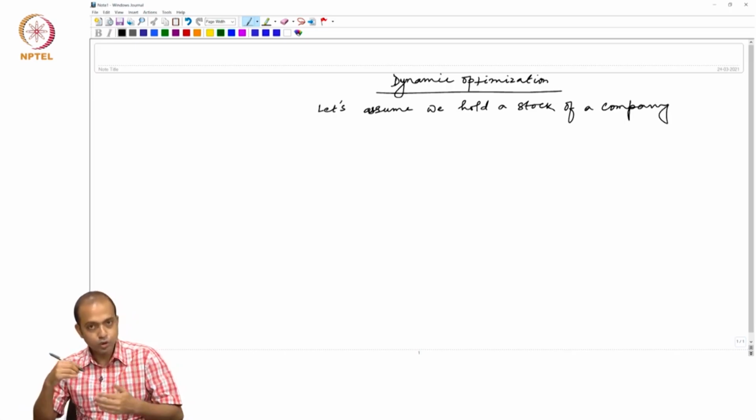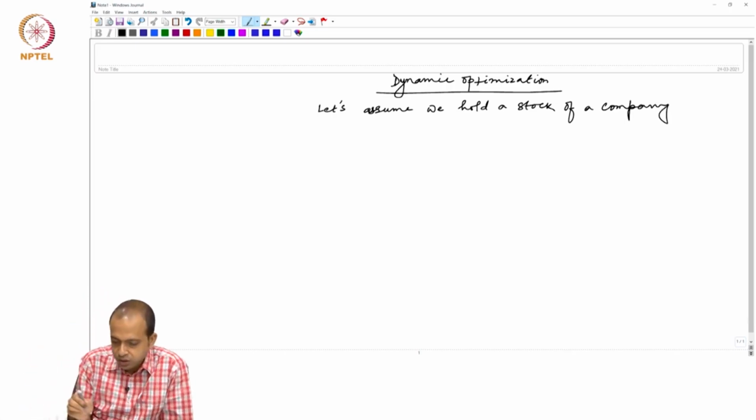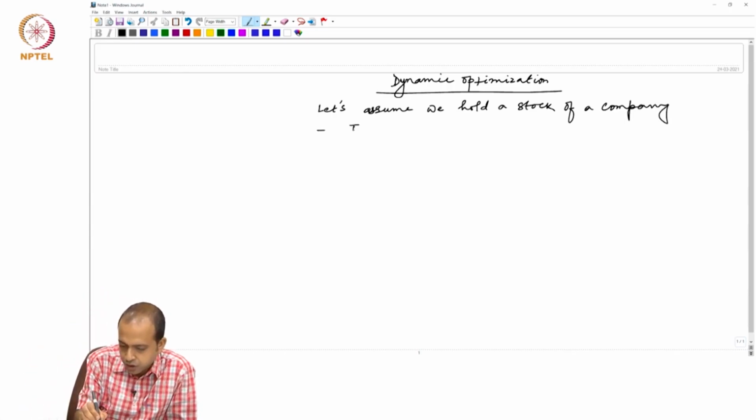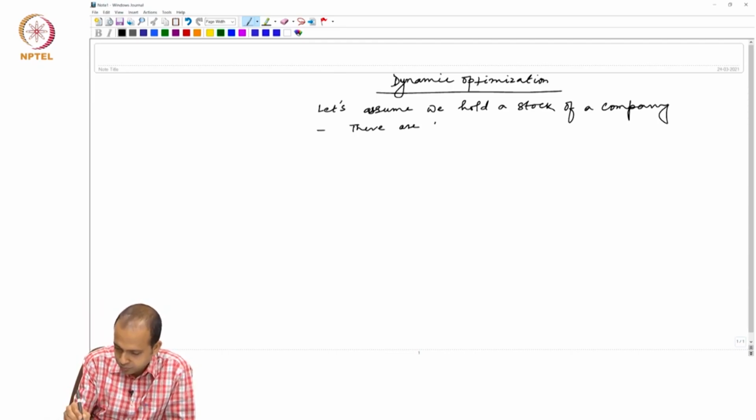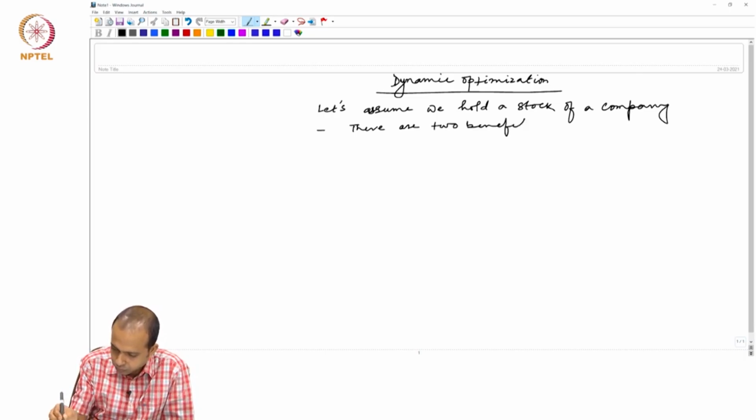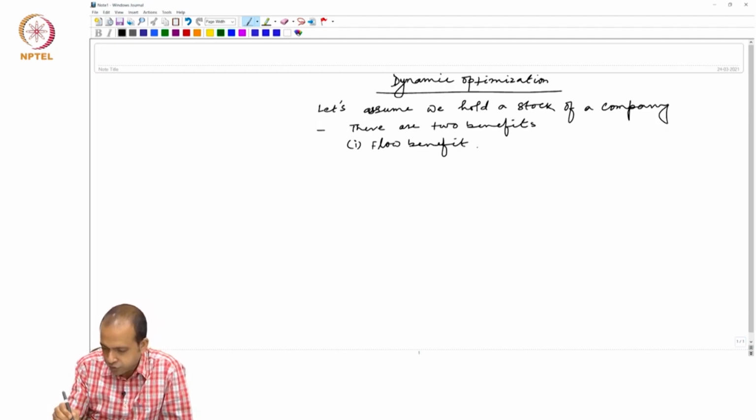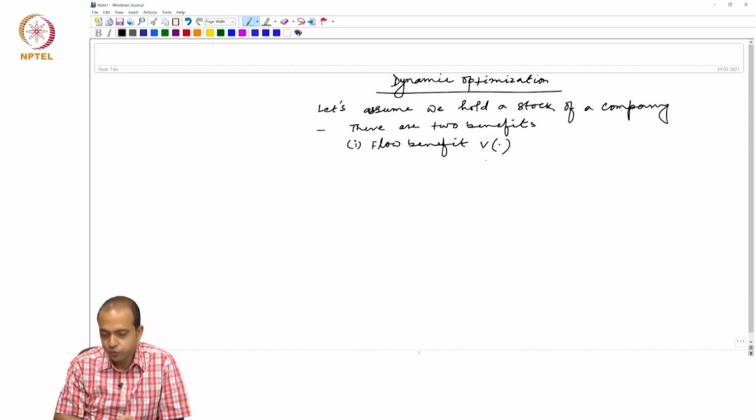If we hold the stock of a company, then there are two benefits. Number one, flow benefit, and this flow benefit is actually given by that V function.